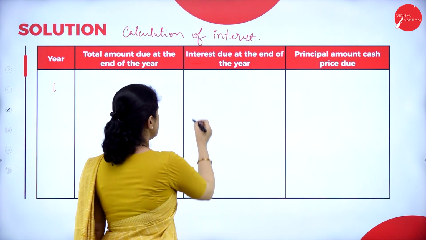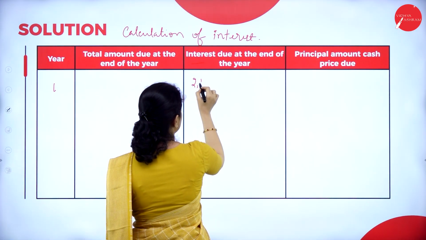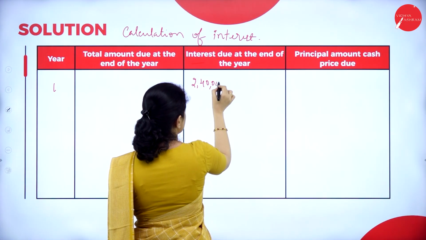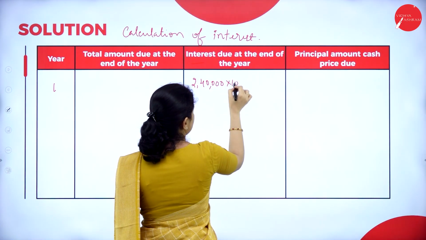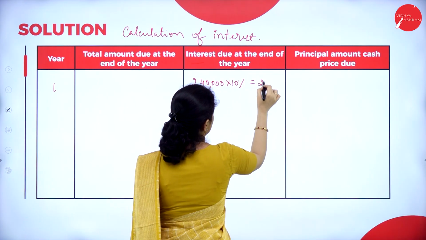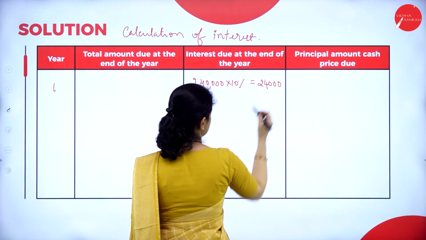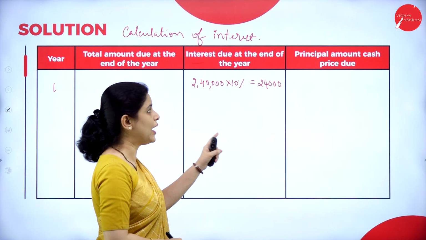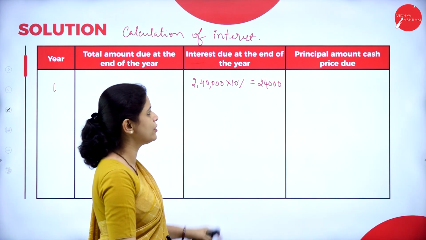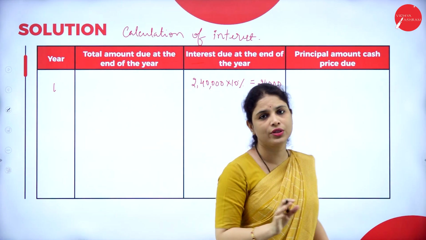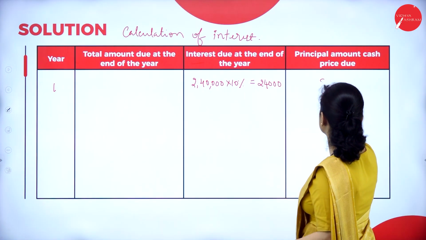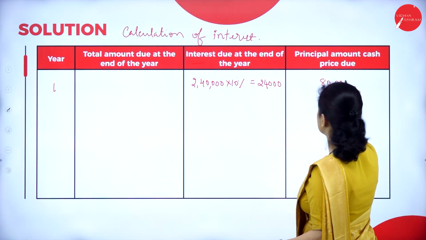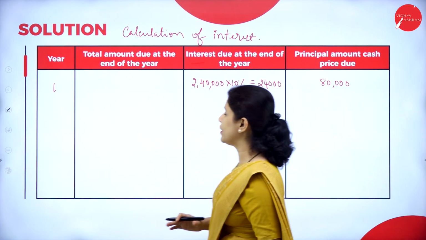First, what we have to do? Calculate the interest. So interest will be calculated on 2,40,000 into 10%, that is 24,000. After that, we have to see the principal amount or cash price due. So that is 80,000. So here what we have to do now?